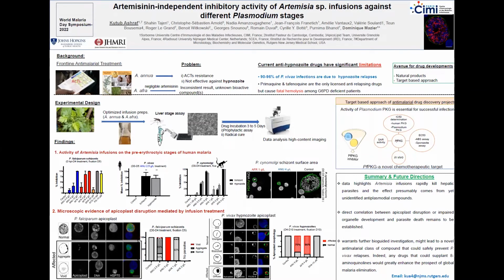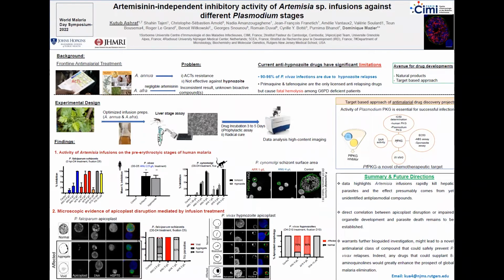So in our liver stage assay, we first optimized the infusions prepared from Artemisia plants. One is Artemisia annua, which contains a significant amount of artemisinin, and one doesn't contain artemisinin, which is Artemisia afra.